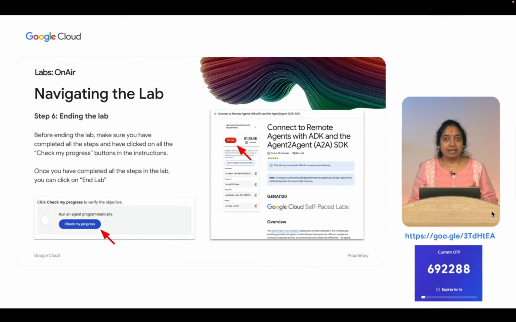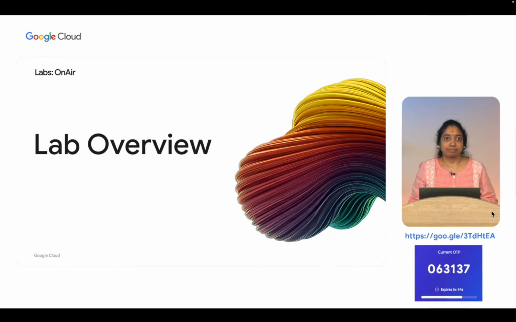This ensures that your lab completion is recorded towards earning your Credly badge. If you have any technical or lab access issues along the way, click on the question mark icon at the top right of the screen for 24/7 lab support by chat or email.